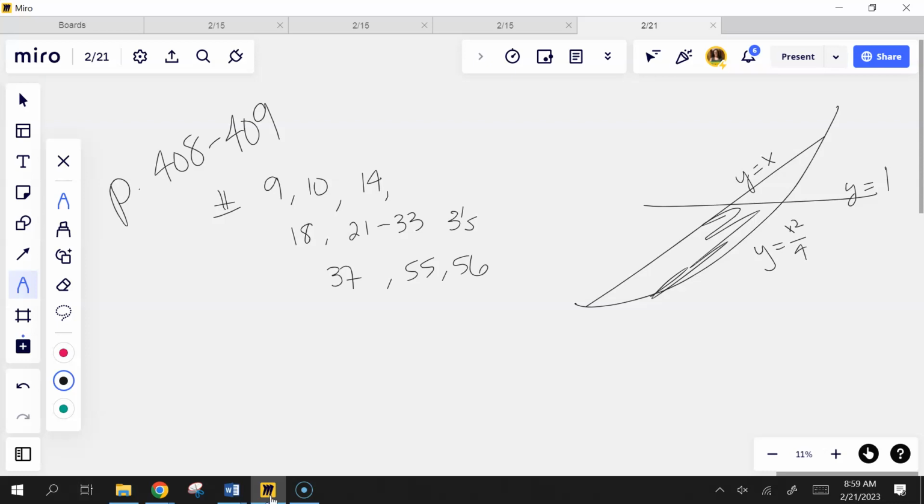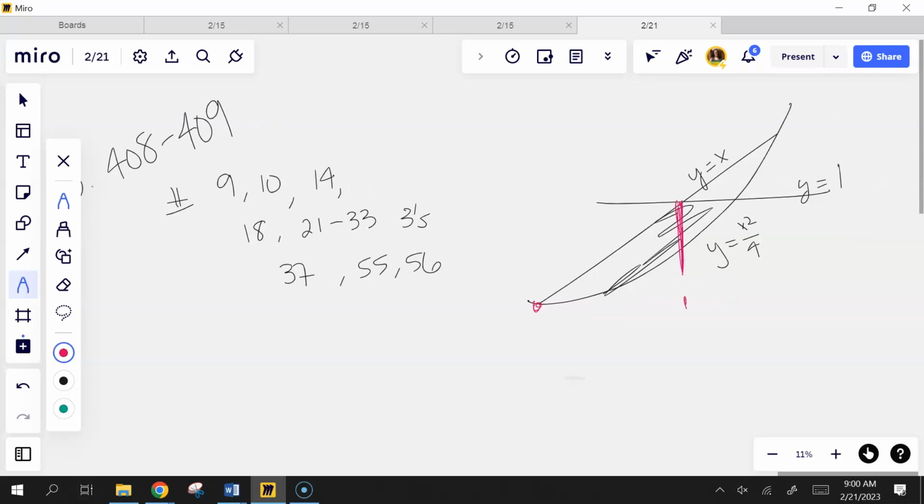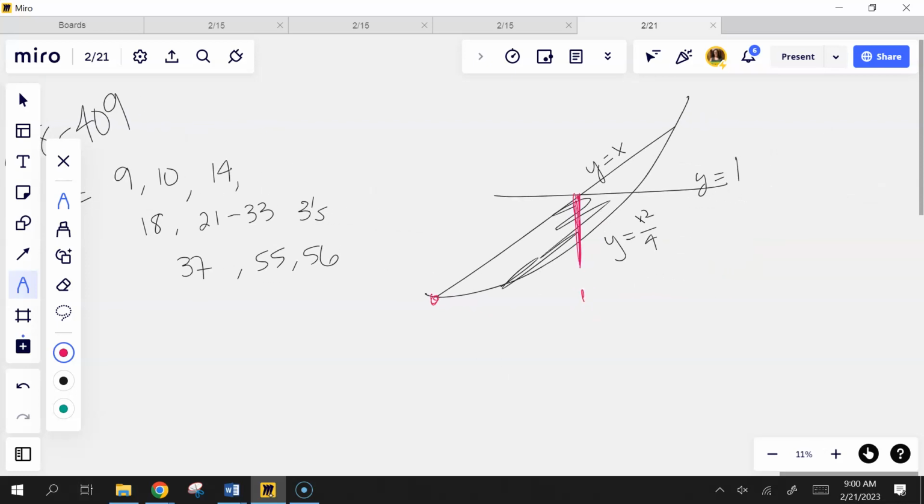I'd divide it right here. Well, the problem with, yeah, you could go from 0 to 1. So you could go with respect to y. You'd go from 0 to 1.